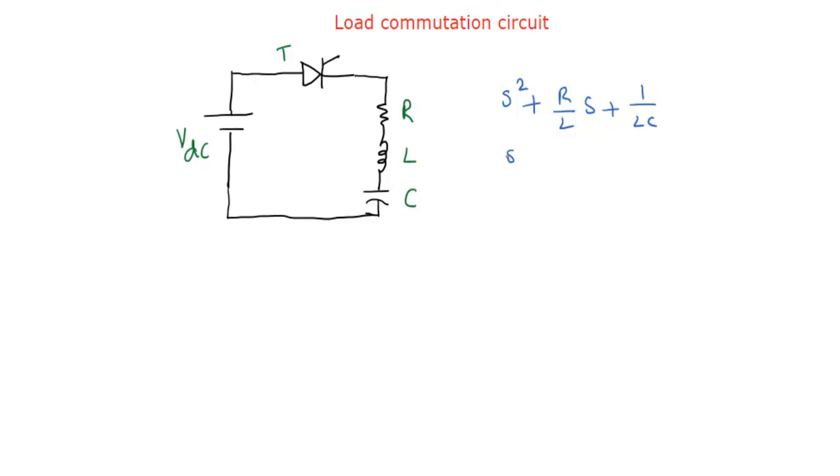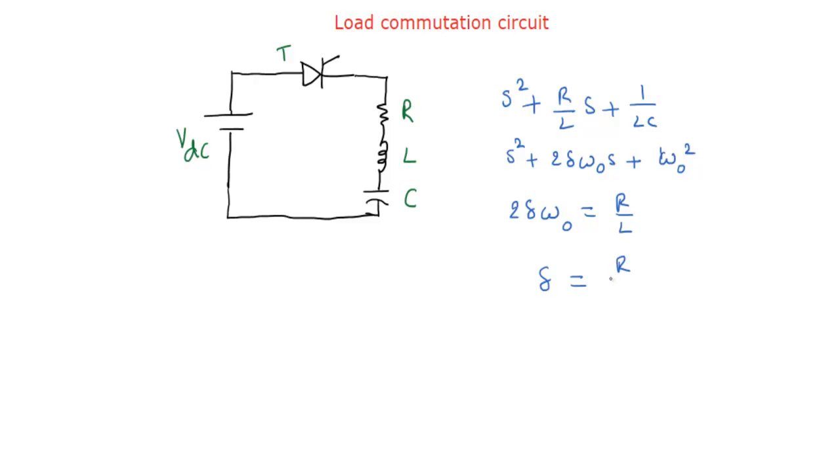You can compare with the standard second order system, s square plus 2 del omega naught s plus omega naught square. If you compare these, then 2 del omega naught equals R by L.